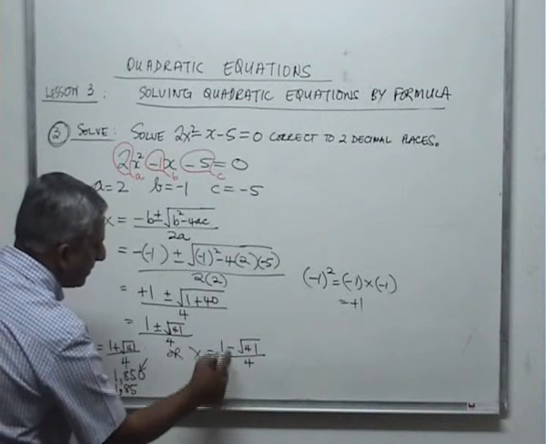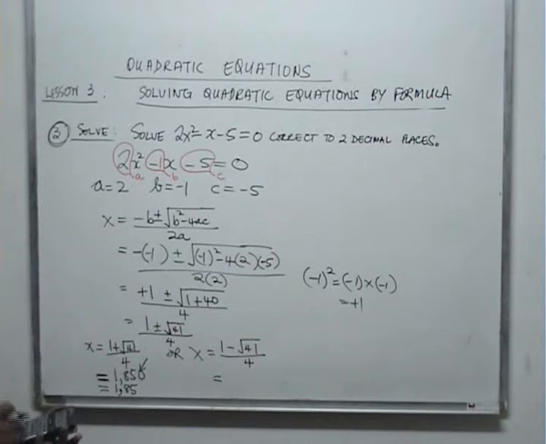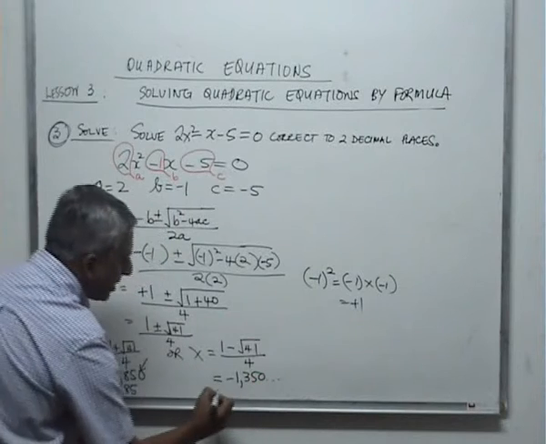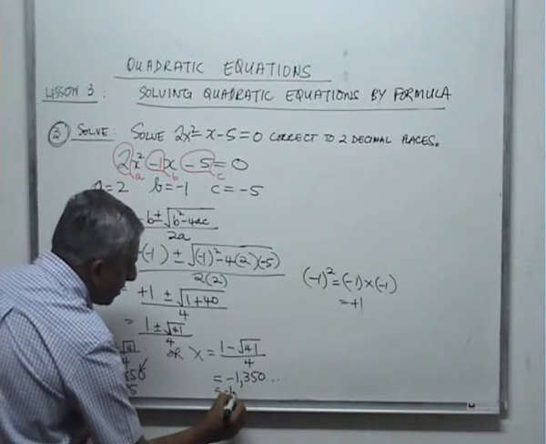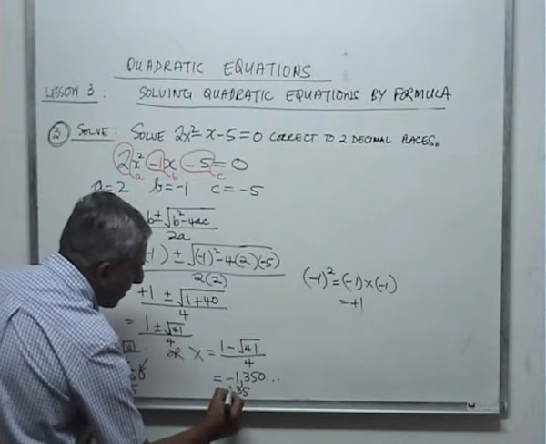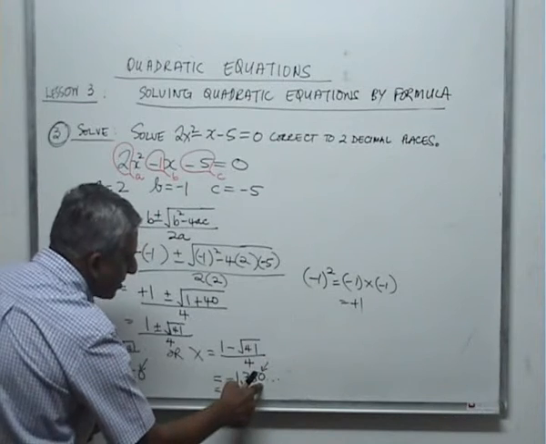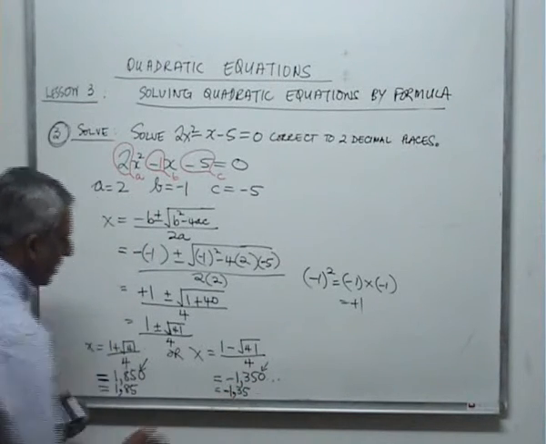Now to do this part here, you'll take your calculator and you'll tell it 1 minus the square root of 41, and then you divide that by 4 and you get minus 1,350, etc., which is minus 1,35. Because I'm going to look at this 0 to do the adjustment. Because it's less than 5, no adjustment, so it's 1,35.